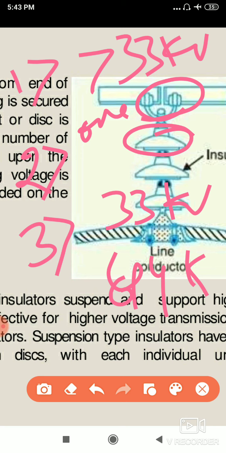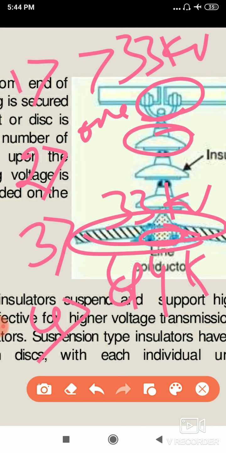And one more advantage: the conductor is connected at the bottom part, so it is freely swinging, which means less mechanical stress. It doesn't get tightly connected, so the chance of faults is very less. This is one more advantage while designing suspension type insulators.